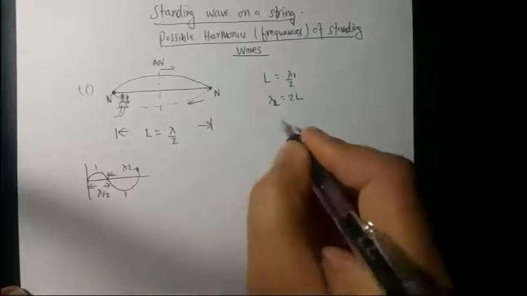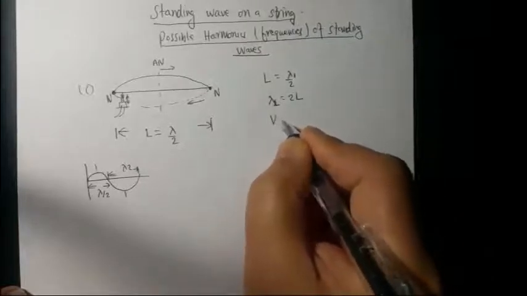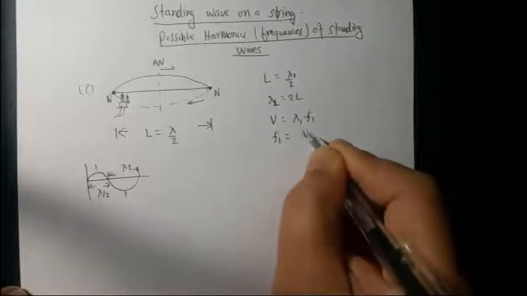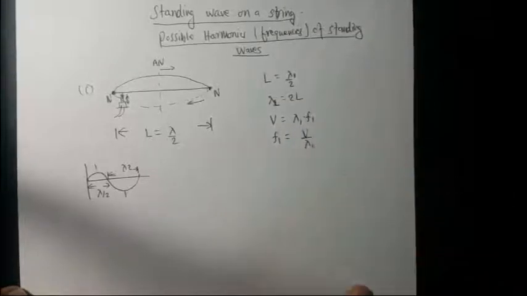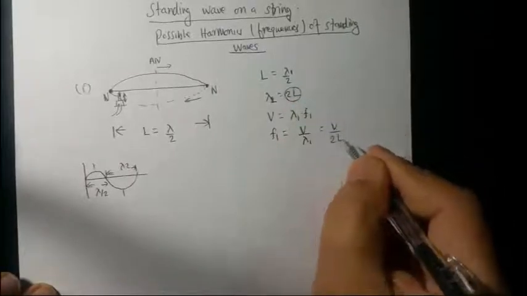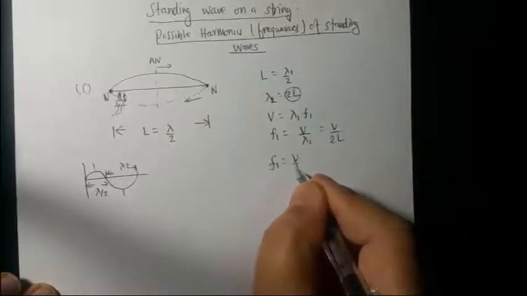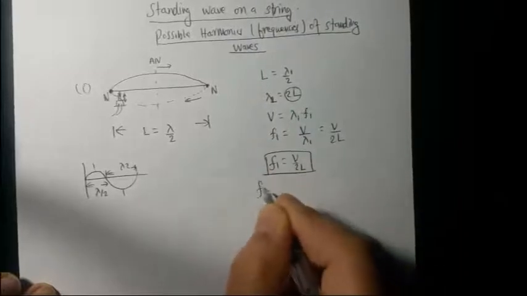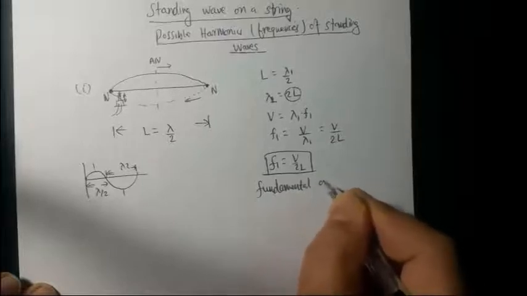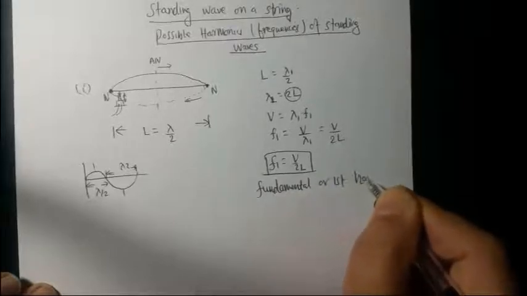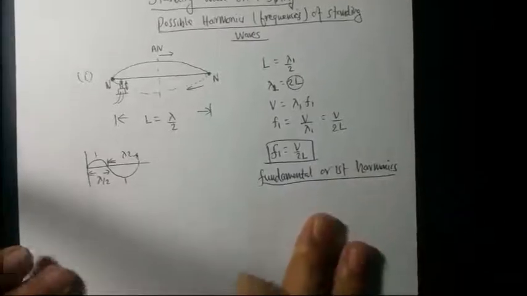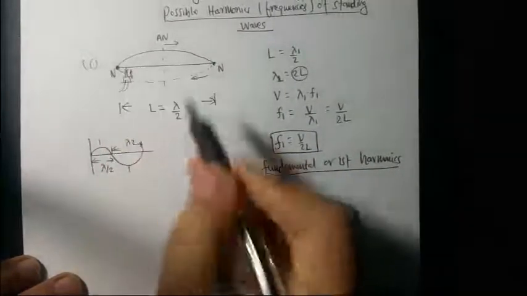And so then the speed of the wave is lambda times frequency. So the first frequency, the first harmonic, is V over lambda 1, which is V over twice L. So that's called the fundamental or first harmonic frequency in a string like that.